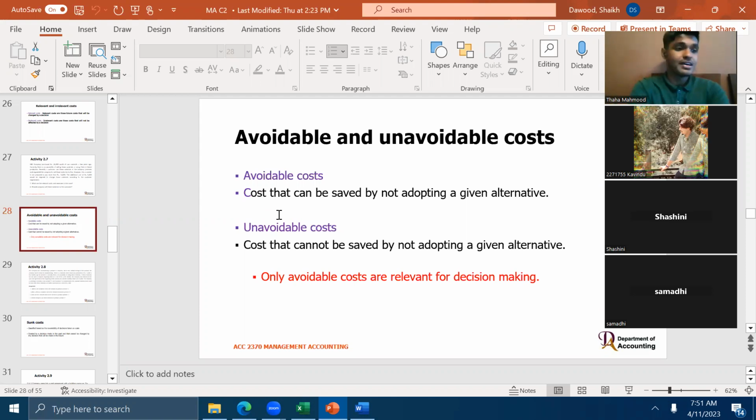If the contract includes a penalty charge, it gets a bit complicated, because based on our decision we may or may not consider the penalty charge as a relevant cost.